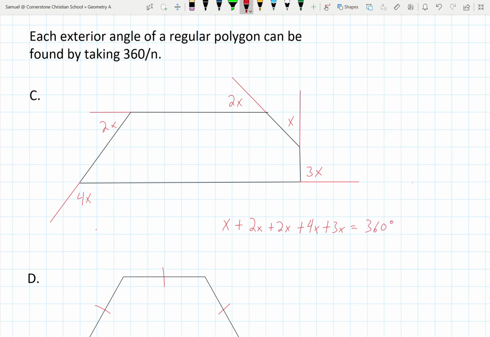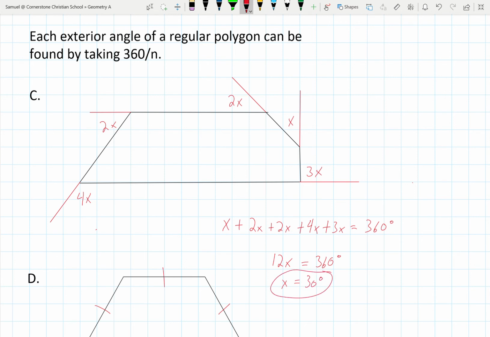And so now I can combine all my like terms on the left side. So 1 plus 2 plus 2 plus 4 plus 3 should be 12. 12x equals 360 degrees. And then I can divide both sides by 12, and so I find that x equals 30 degrees.